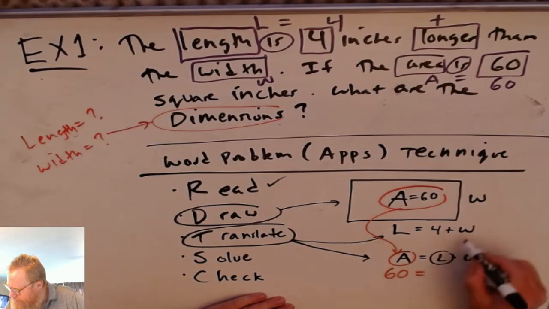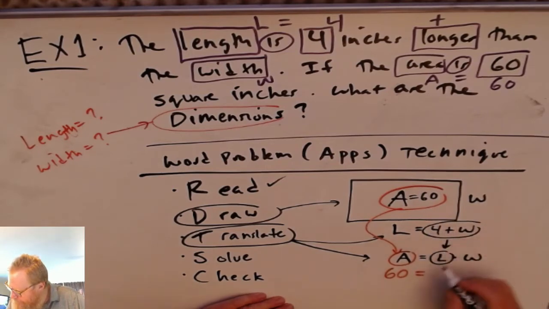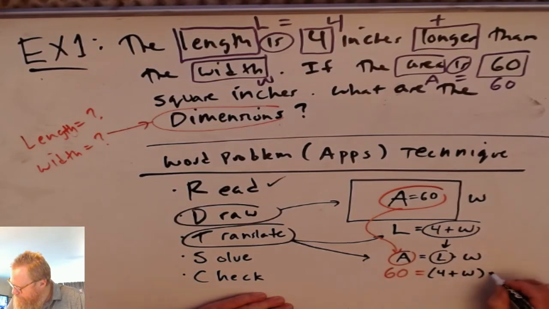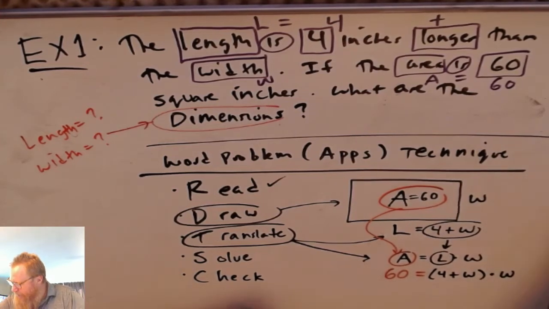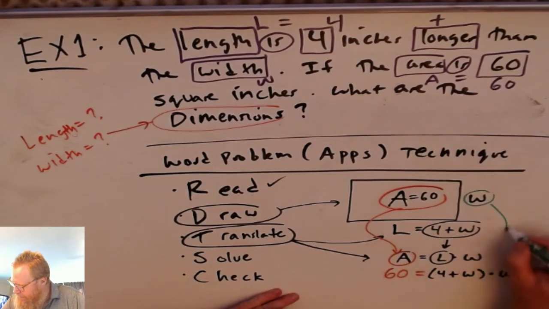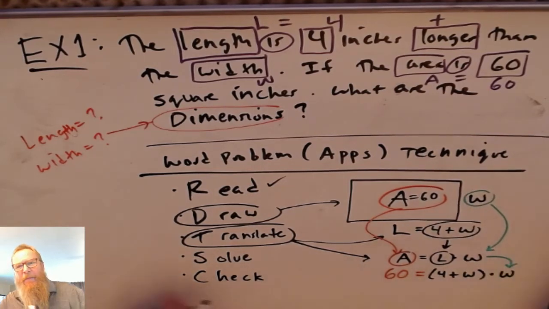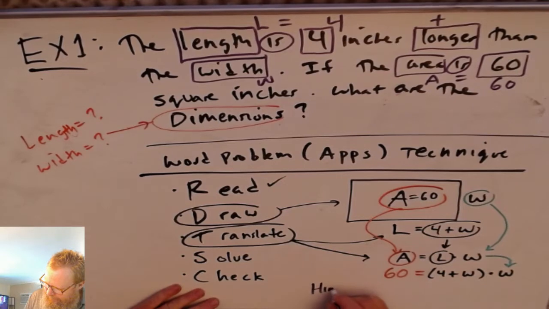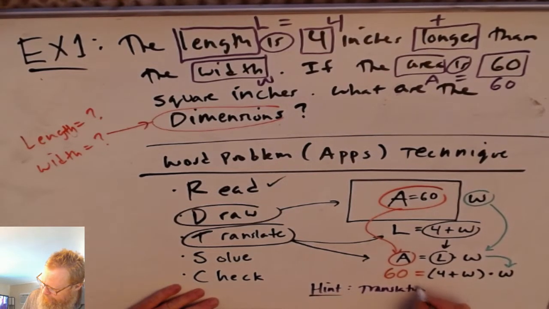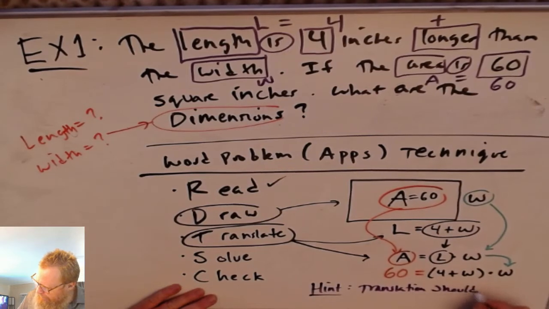L is going to be 4 plus W. And W is just going to be W. I'm not changing W. Okay. Hint. The translation should have only 1 letter.